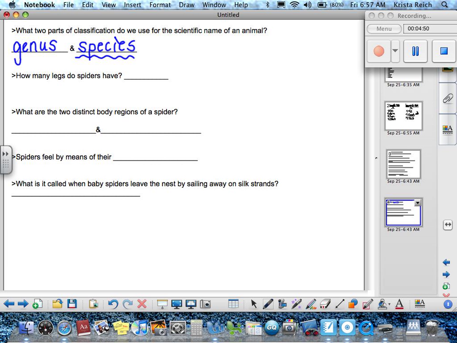Real stumper right here. How many legs do spiders have? They actually have 8. And what are the 2 distinct body regions of a spider? It is not the head and the cephalothorax, or the head and the thorax. Excuse me. It is the abdomen and the cephalothorax.